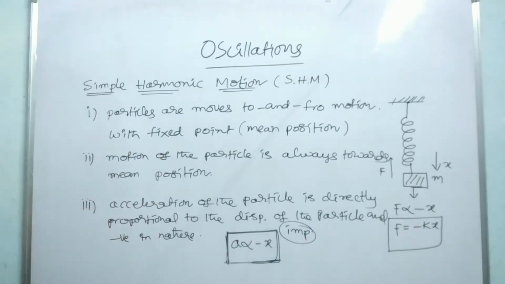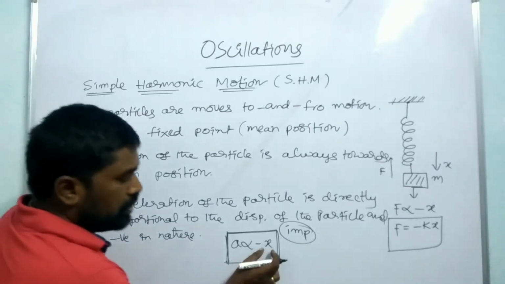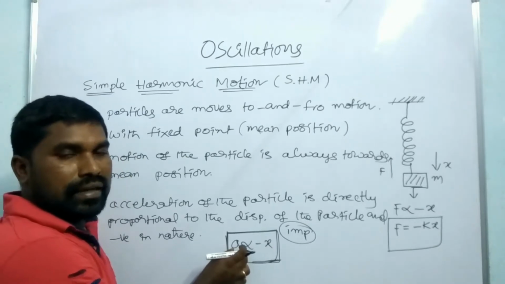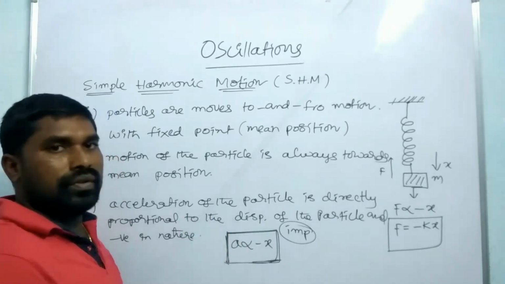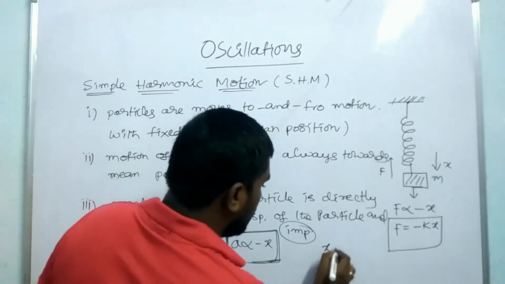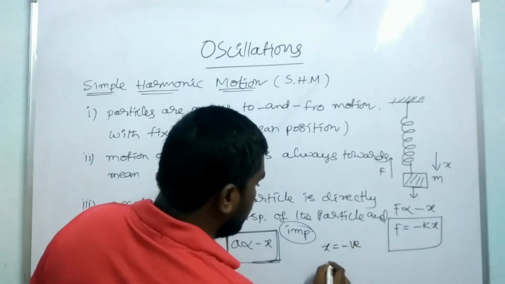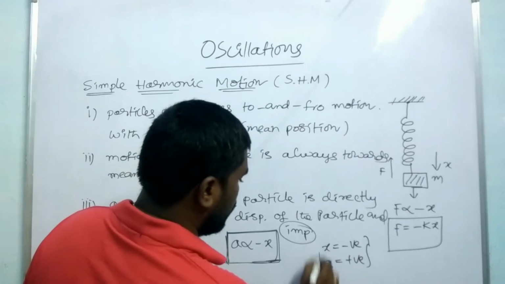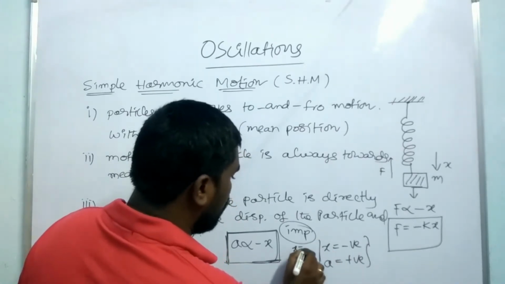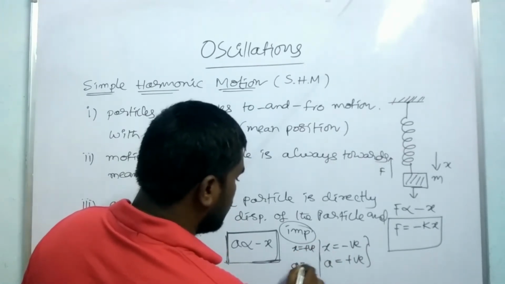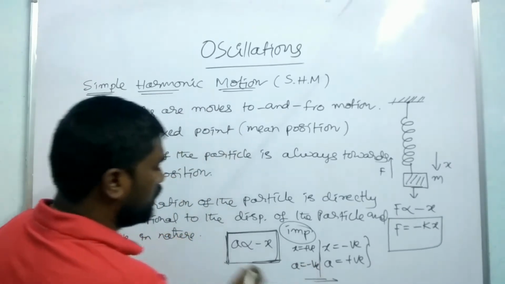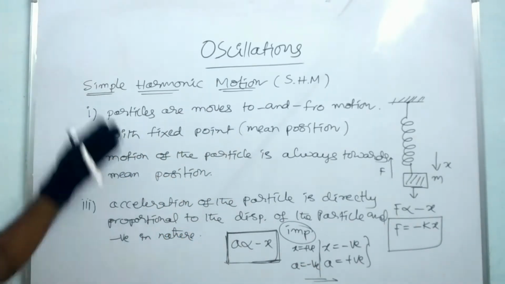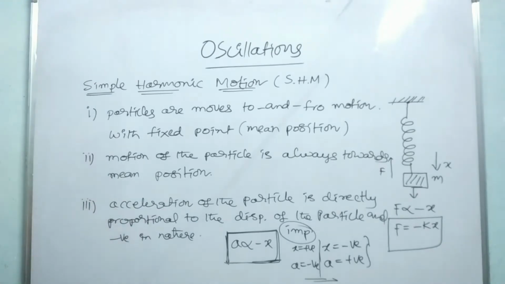If the displacement of the particle is negative, then the acceleration is positive. Similarly, vice versa: if the displacement is positive, the acceleration is negative, so they are opposite in nature.